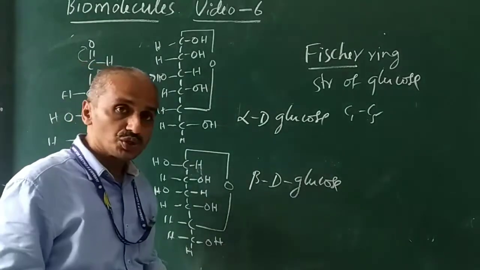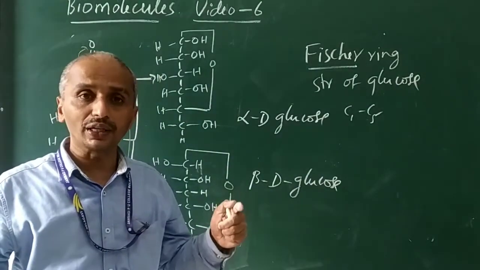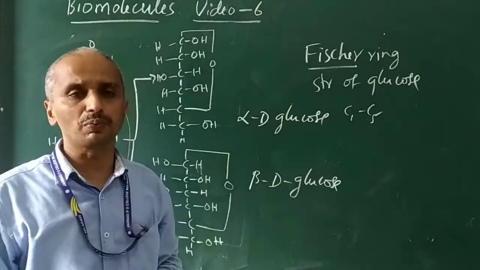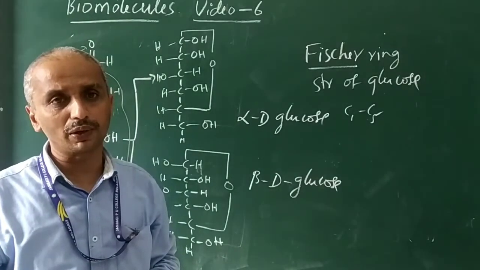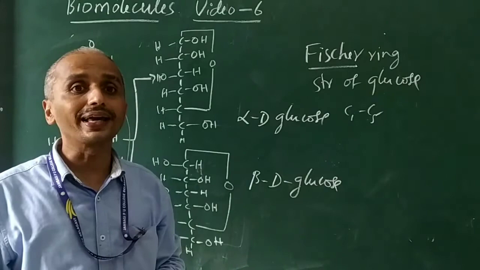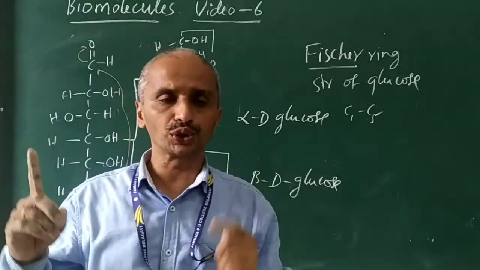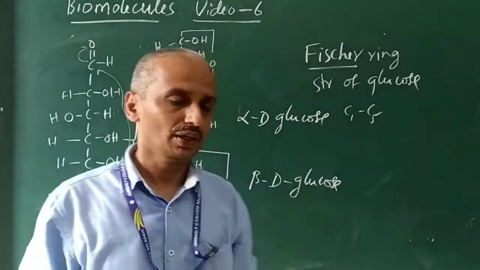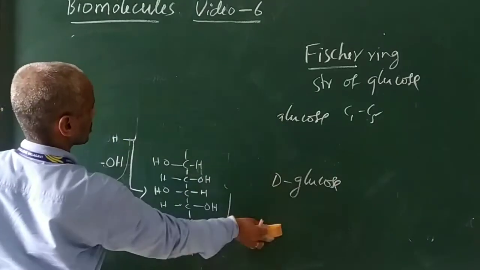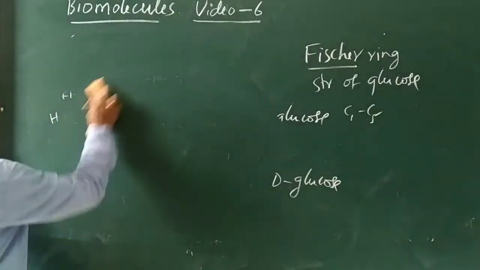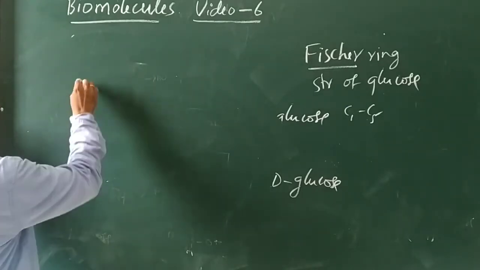Now see, glucose can be written in another form, a 6-member ring. When I write glucose with a 6-member ring, I can call it pyranose, resembling pyran. What is pyran?